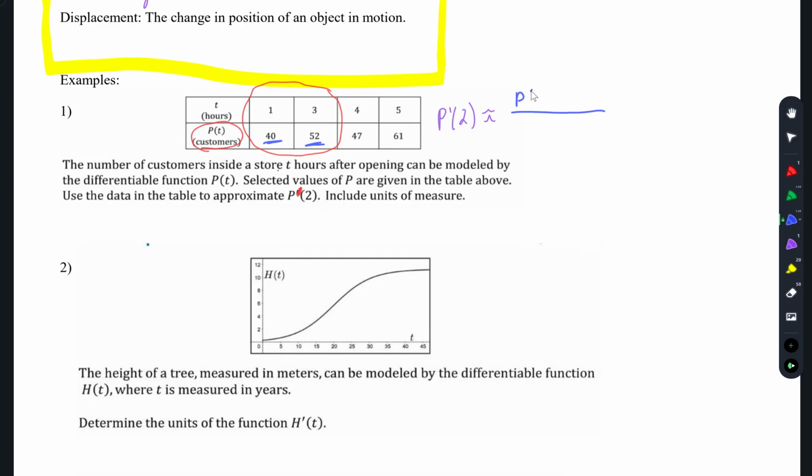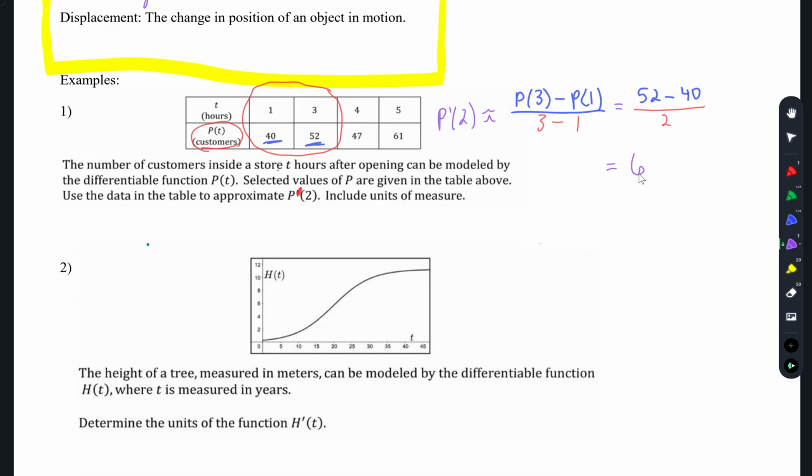You would do P of 3 minus P of 1 all over 3 minus 1. So you tell the grader that you're doing slope, and then you take the values from the chart. It's 52 minus 40 all over 2. This is such a nice question. I like this one. It's not so bad. And then you just do some math and you get 6.